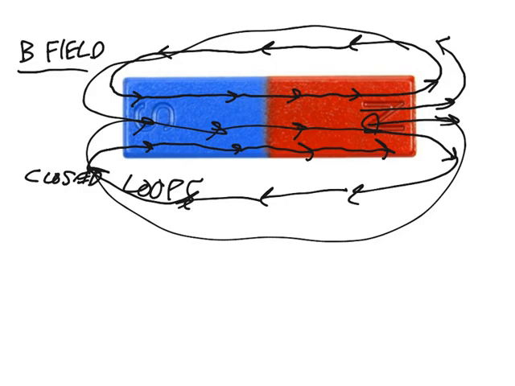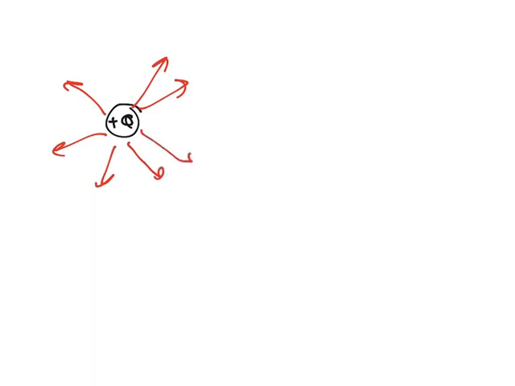And again, they're different from electric fields in that electric fields are produced by charges. And so for positive charges, those fields point outward. And for a negative charge, those fields are represented as pointing inward.